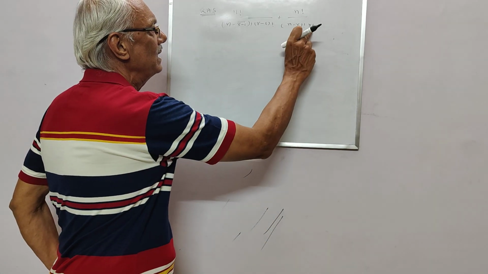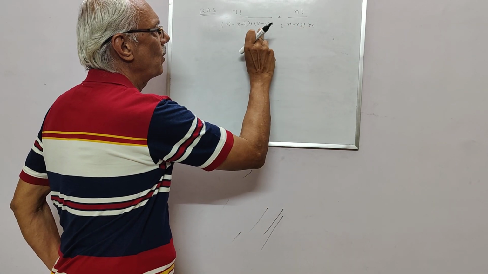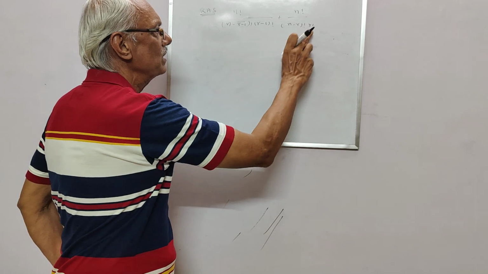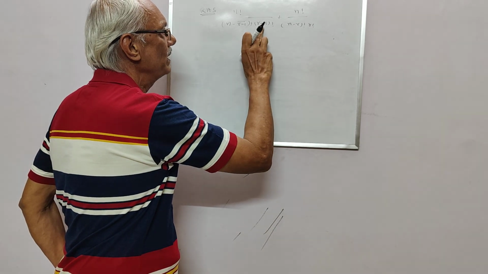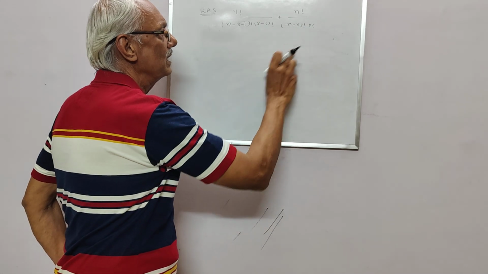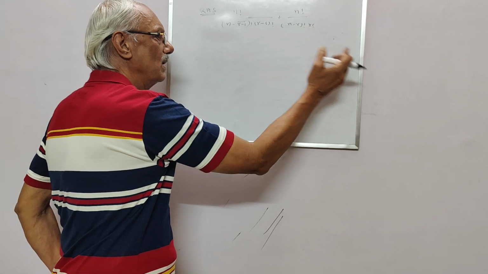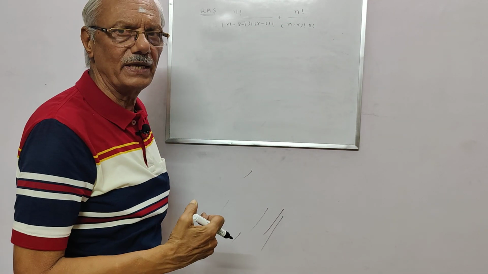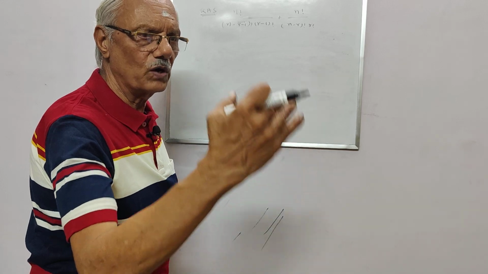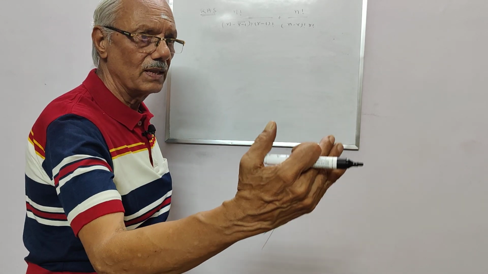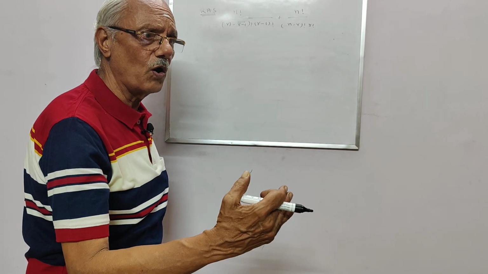Now if you compare this r factorial and r minus 1 factorial, r factorial is r minus 1 factorial into r. It goes up to r factorial, 1, 2, 3, 4 up to r, but before r it is r minus 1.